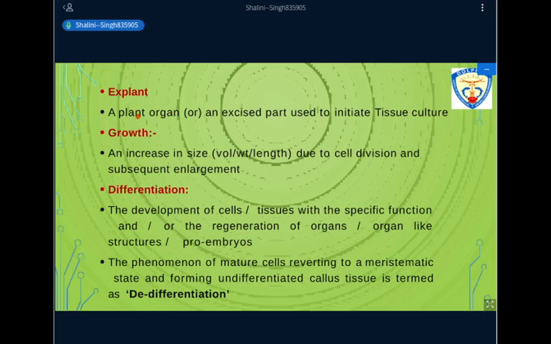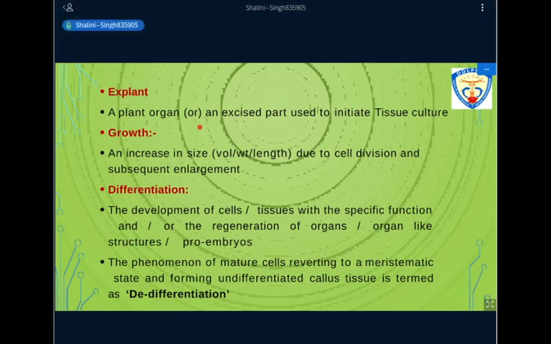And which organ can you use as explant? Any plant organ you can use. It may be a leaf part, stem, meristem, shoot tip, leaf discs, bud, embryo, seed, anther, pollen, ovary, ovule, or even endosperm can be used.